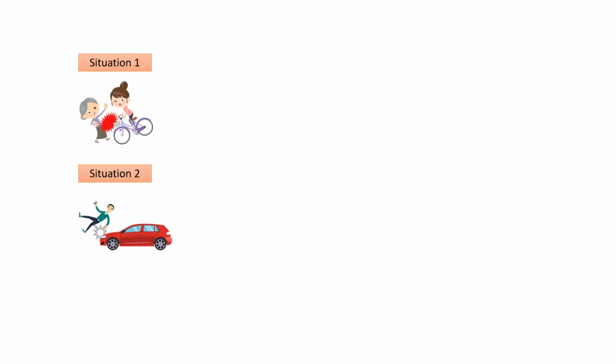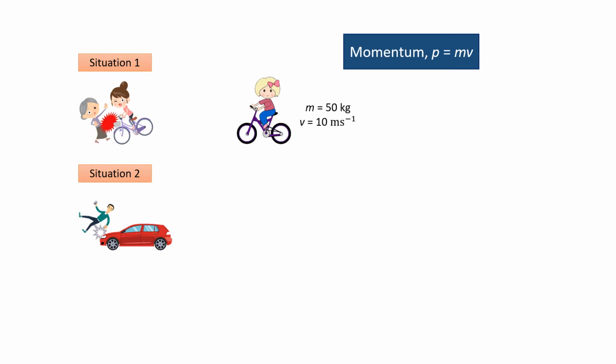So, in order to explain the two situations before on why the condition of the pedestrian in situation 2 is worse than the condition of the pedestrian in situation 1, we will calculate the momentum of both situations to show you the reason. In situation 1, the mass of the bicycle, including the cyclist, is 50 kg, while the velocity of the bicycle is 10 meters per second.